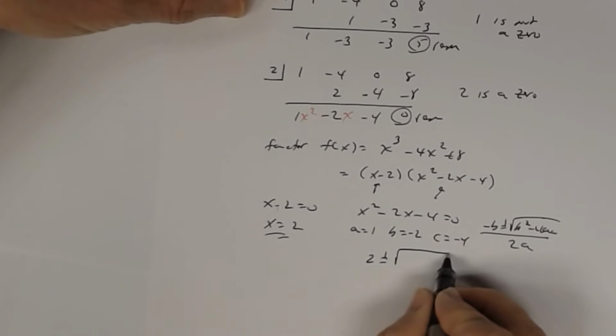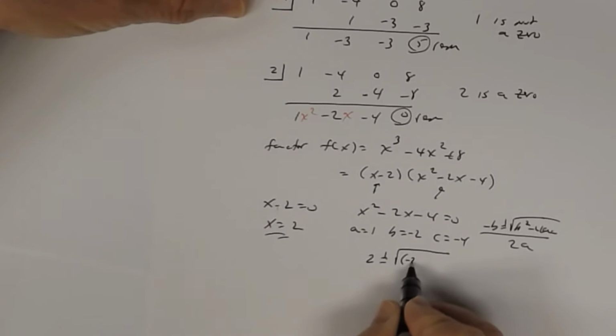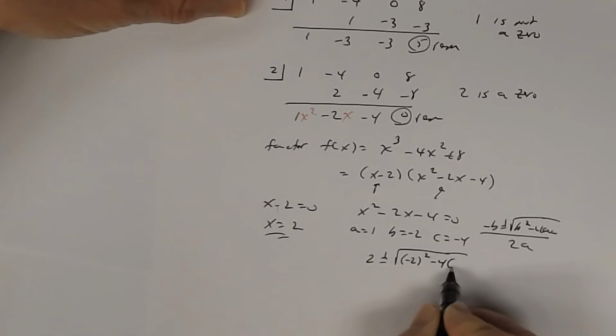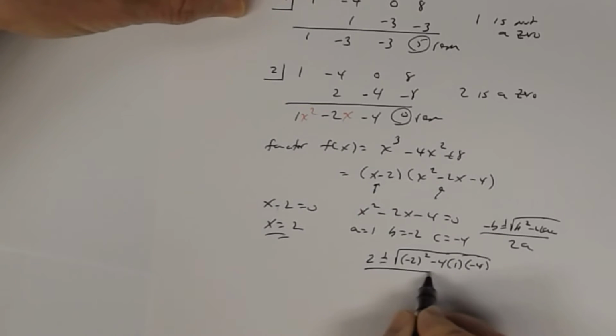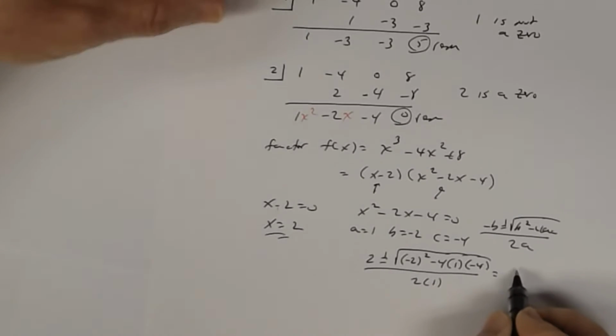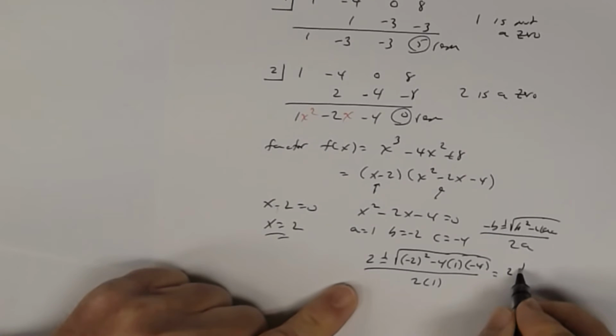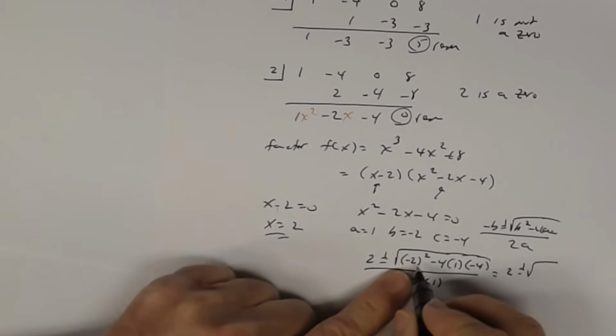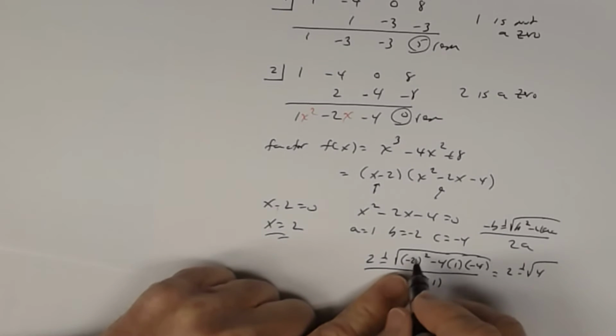Plus or minus the square root of b squared. Be careful, make sure you put negative 2 squared in parentheses. Minus 4 times a, which is 1, times c, which is negative 4, all divided by 2 times a, and a is 1. So this becomes 2 plus or minus the square root of negative 2 times itself, which is 4. Remember, b squared must always be positive or 0.